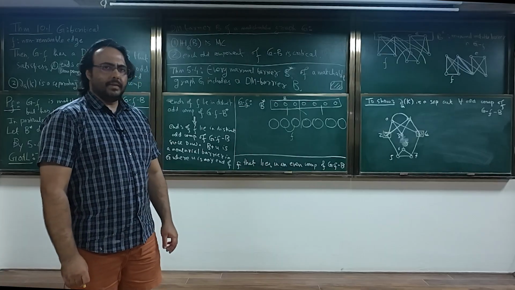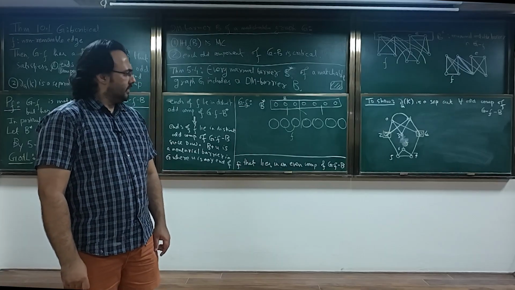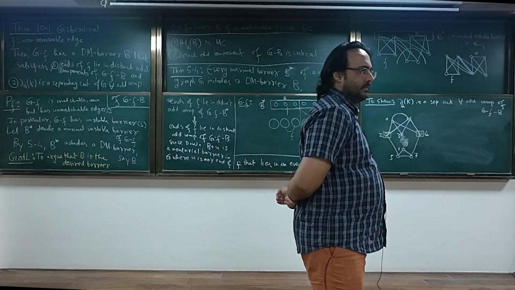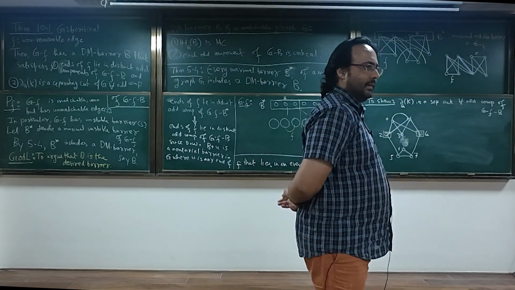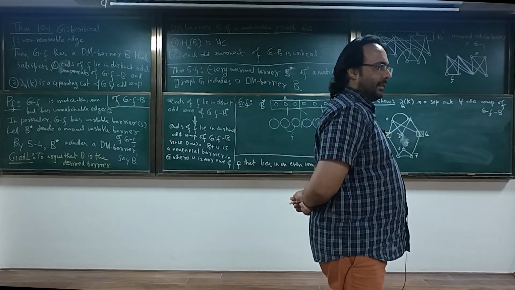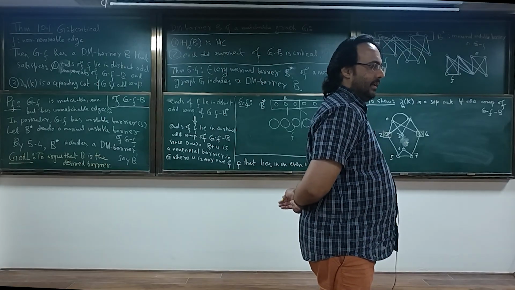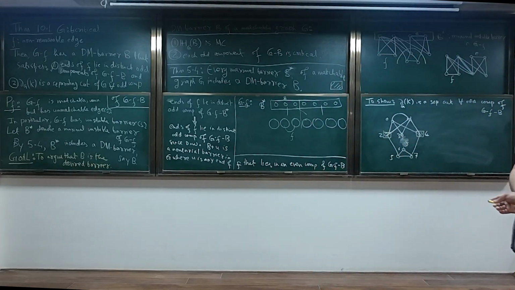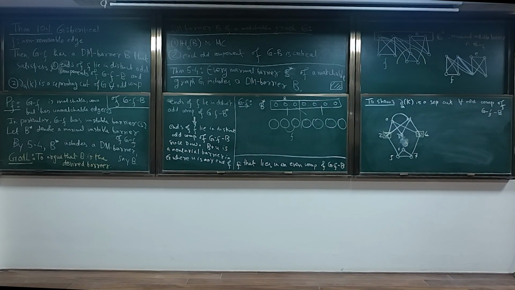Is it maximal, by the way? That I did not check. Is it maximal? The two components are factor critical. If it were maximal, then the two components should be factor critical. And is the converse also true? Is it true that if the components are factor critical implies the barrier is maximal?